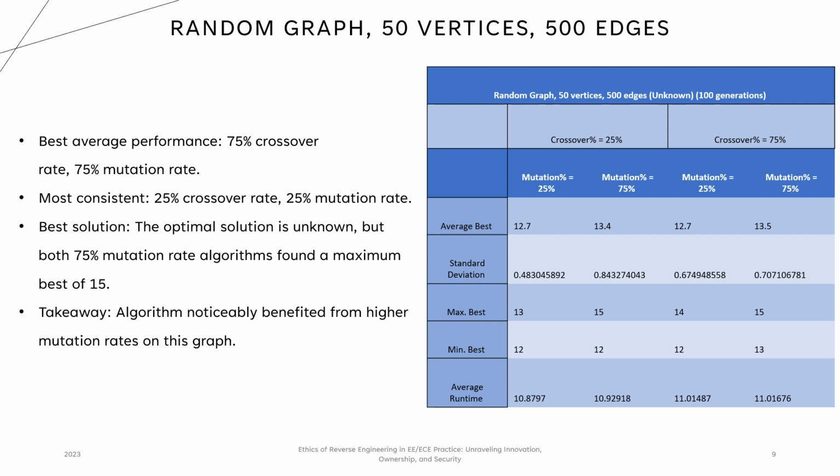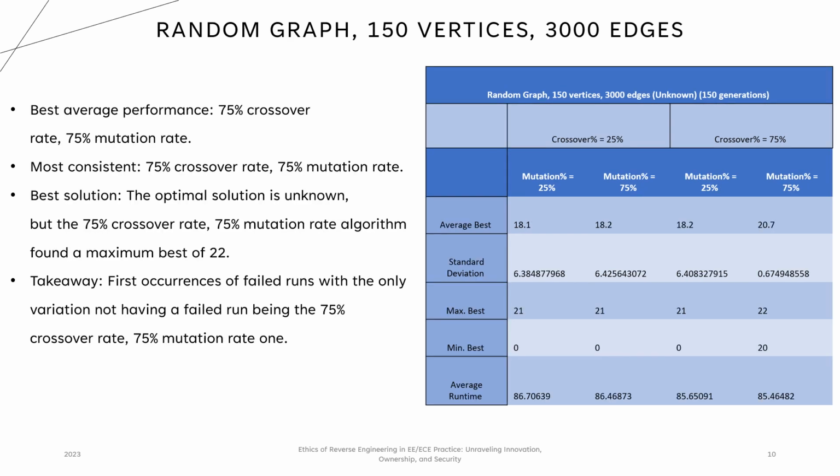But for this one, both of the 75% mutation rate algorithms found a maximum best of 15. The biggest note that I had here was the algorithm noticeably benefited from higher mutation rates on this graph specifically.